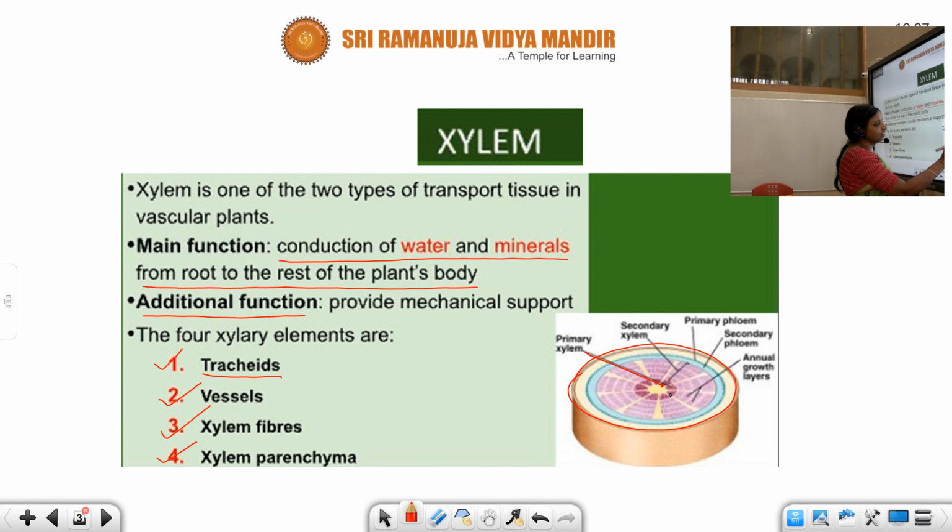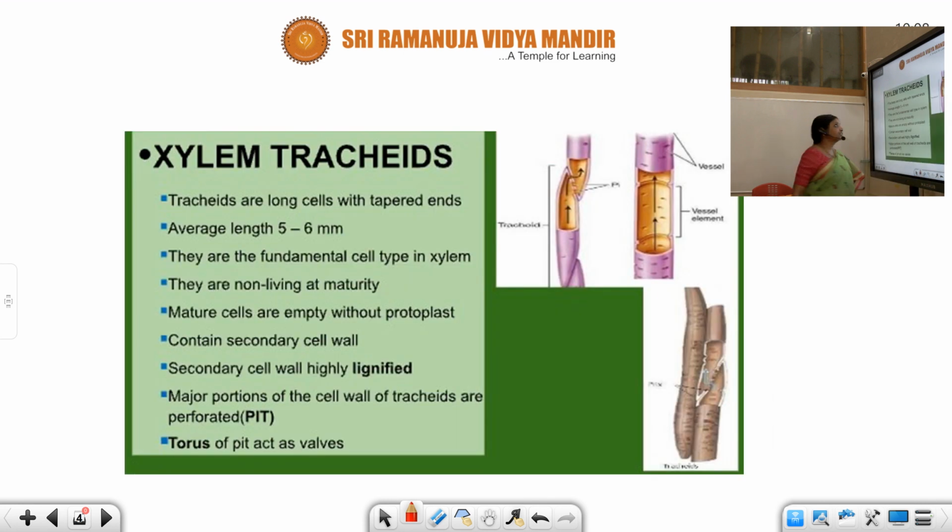Now next, xylem tracheids. What are these tracheids? Actually, these are elongated structures with pointed ends, or we can say tapering ends, and these are pits.